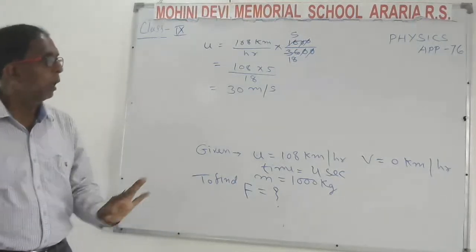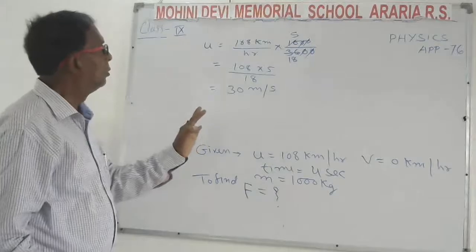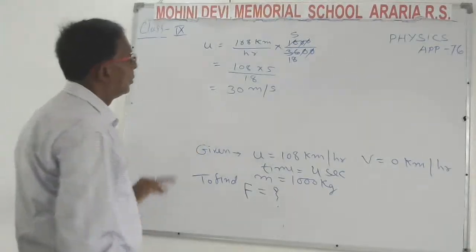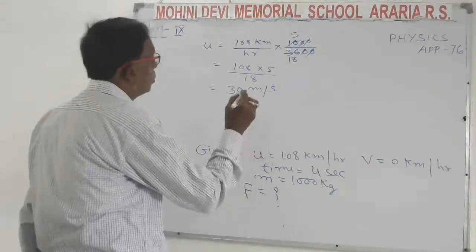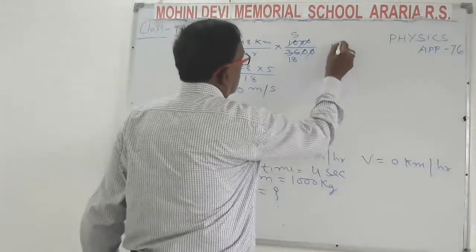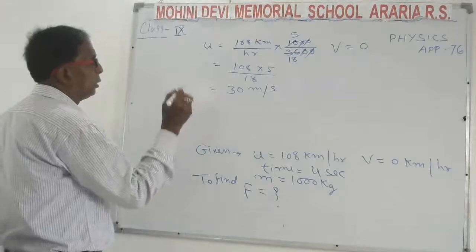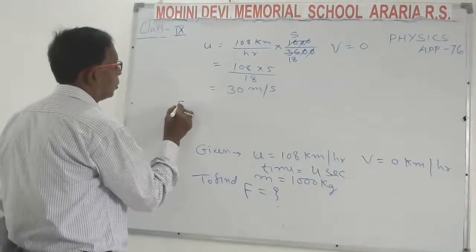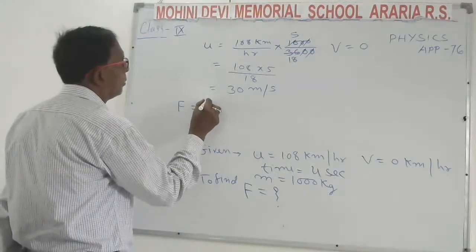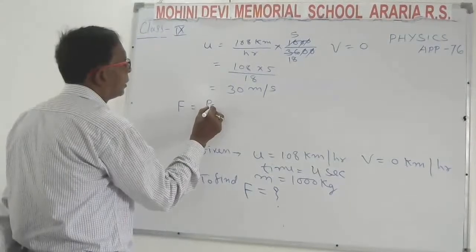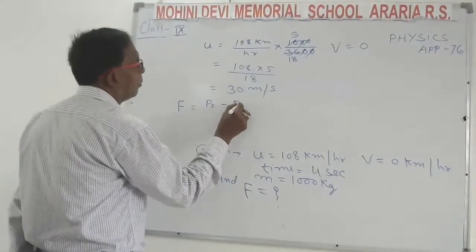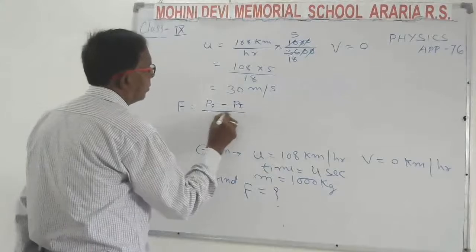You know very well, and now there are two processes, and you know very well v is equal to 0. Therefore, F is equal to the rate of change of momentum, final momentum minus initial momentum, by time.